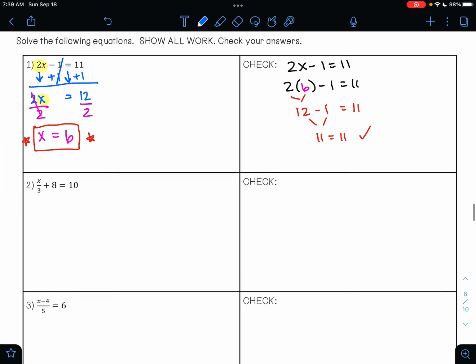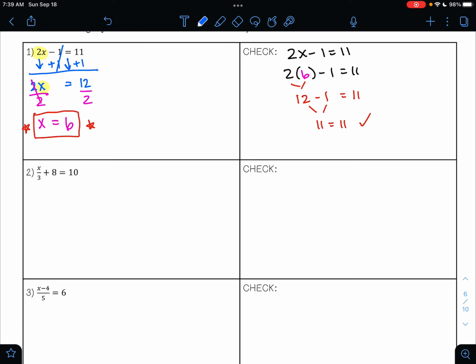Let's try this process again. On number 2, we have x divided by 3 plus 8 equals 10. The first thing you want to do is isolate the term, so get the term that has the variable in it alone. So what operation is happening to x divided by 3 right now?